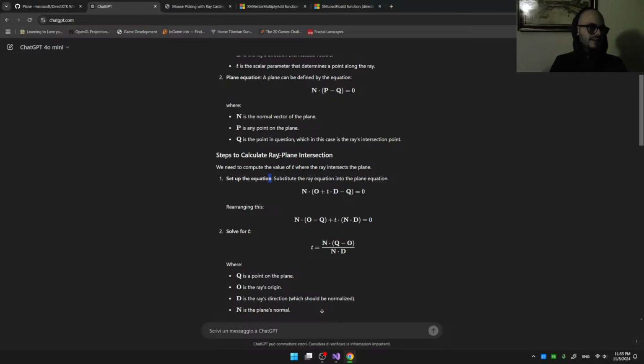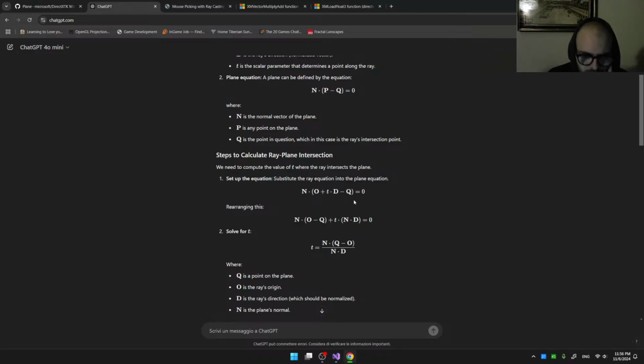It's just a matter of multiplying the first vector by -1 to get the other, and vice versa, by flipping it. Okay, so that's it. Now we just set up the equation.